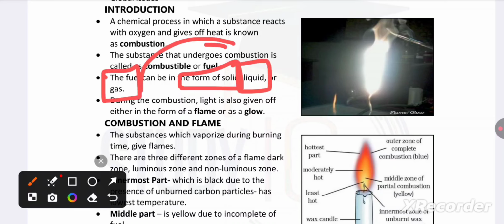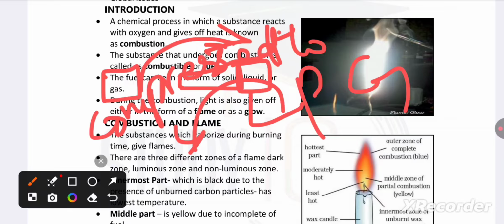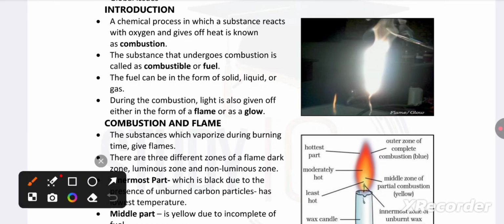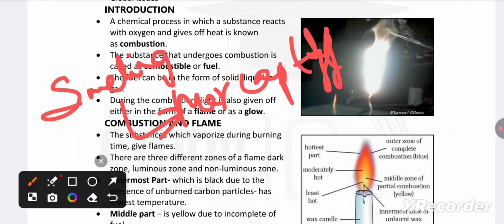As we know, in our house we are using liquefied petroleum gas, that is a compressed form of gas. In that gas, the smelling agent is called mercaptan, ethane.